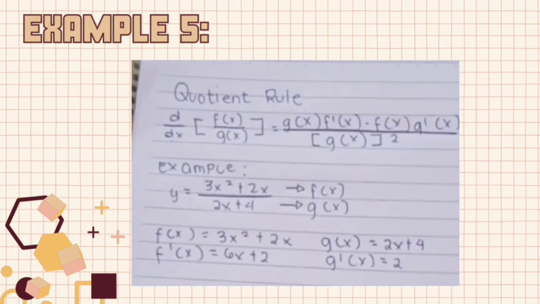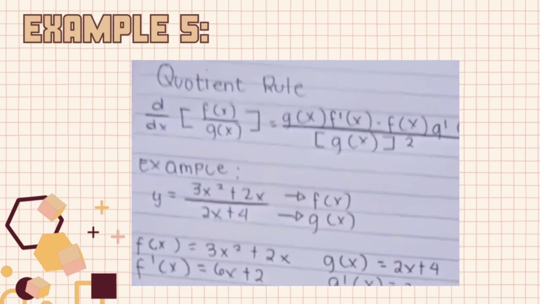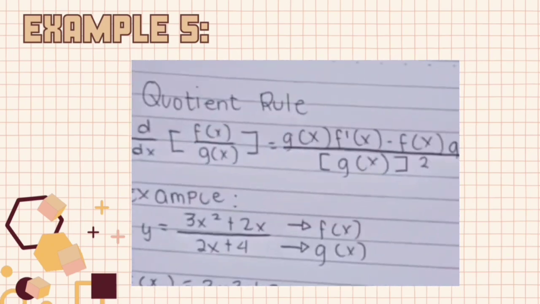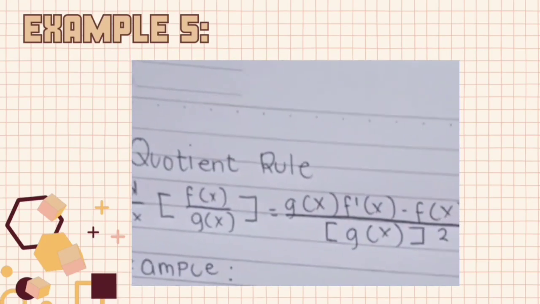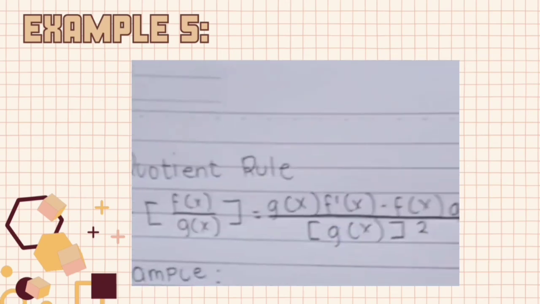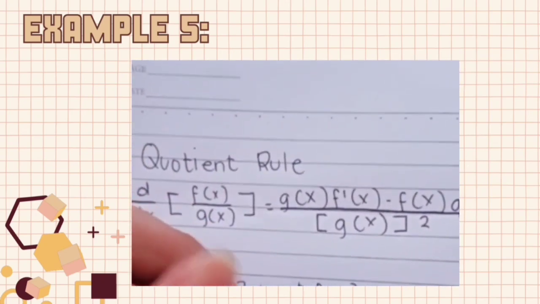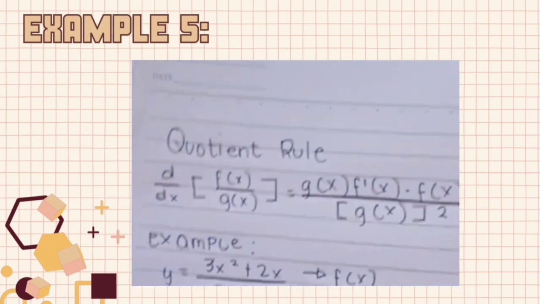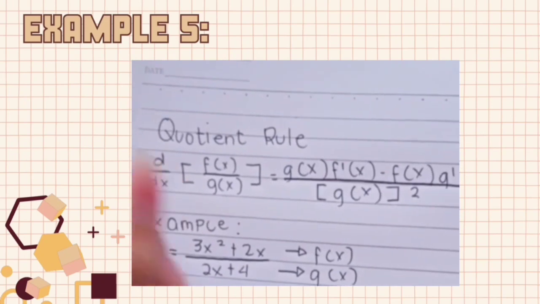So here's another example of a problem about quotient rule. The given example is y is equal to 3x squared plus 2x over 2x plus 4. First, we need to find out the f of x and the g of x. The value of f of x is equal to 3x squared plus 2x.